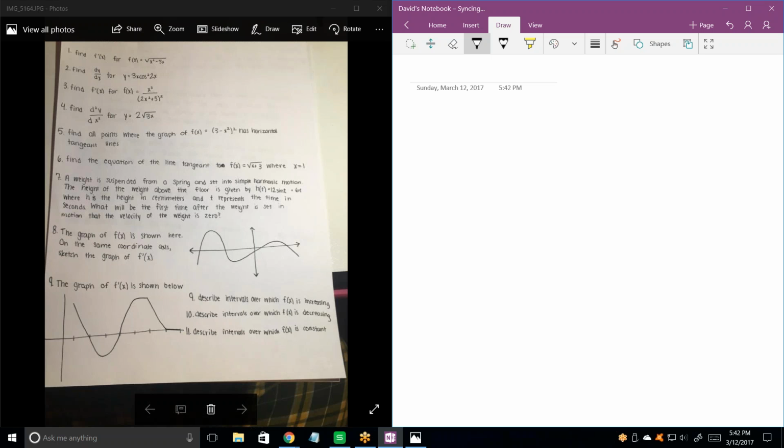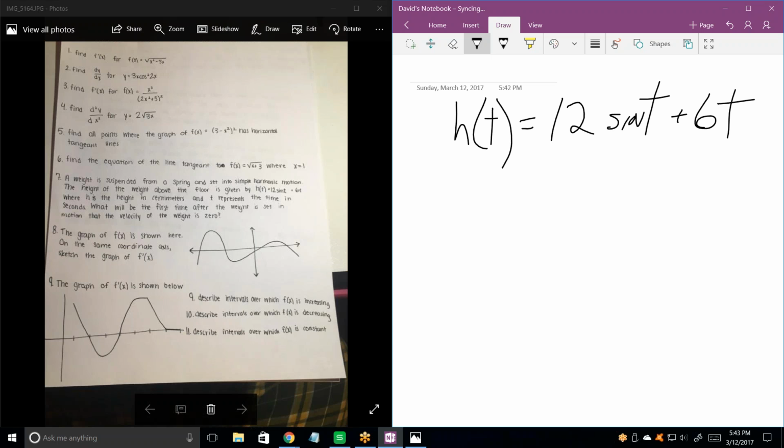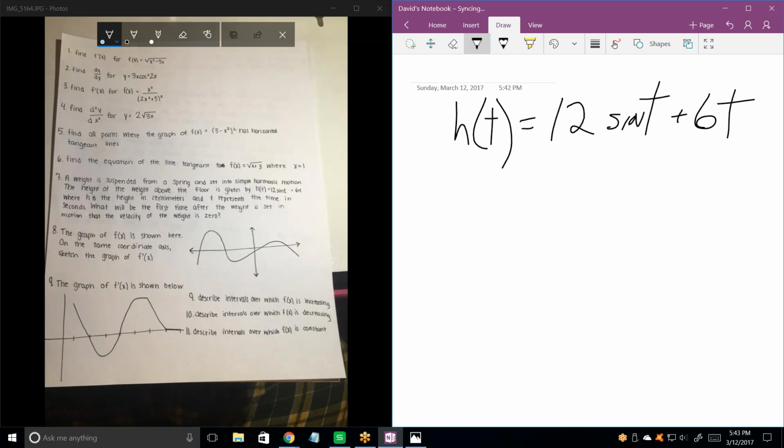Okay. The key part is the next line. The height of the weight above the floor is given by h of t, where t is time, is equal to 12 sine t plus 6t, where h is the height in centimeters and t represents the time in seconds.